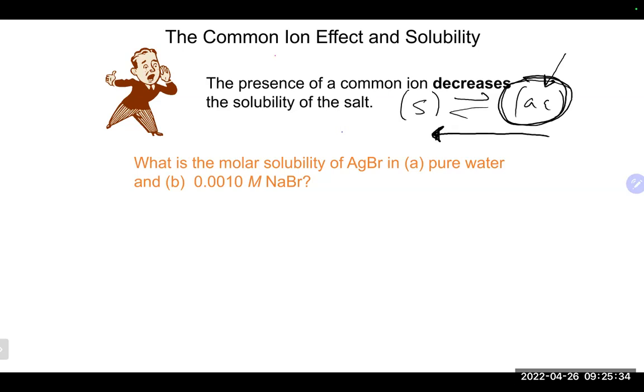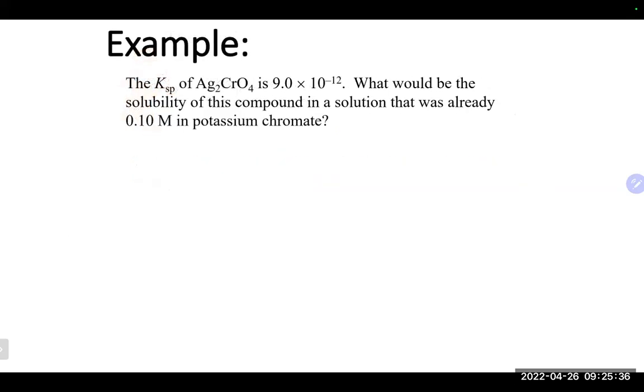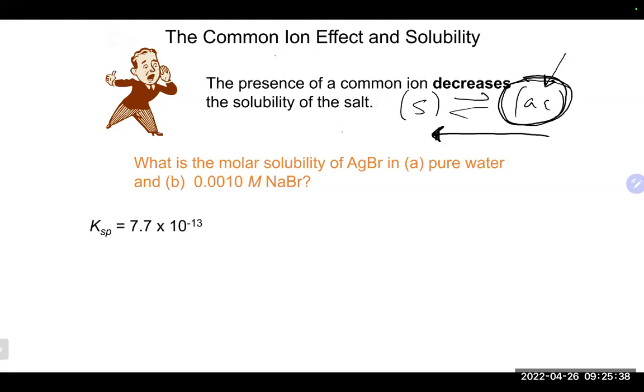We can see an example of this if we look at silver bromide. This is the Ksp for silver bromide. If we run through our calculation to figure out the solubility of silver bromide in water, it would be just like we did previously. We would have our silver ion and our bromide ion.